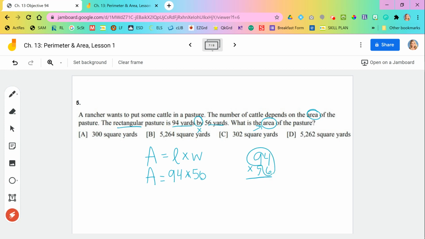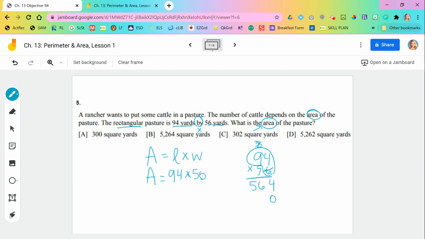I have to say 4 times 6 is 24. Then I say 9 times 6 is 54. And 54 plus 2 is 56. All right, mark it out, draw the collar, lay the egg.